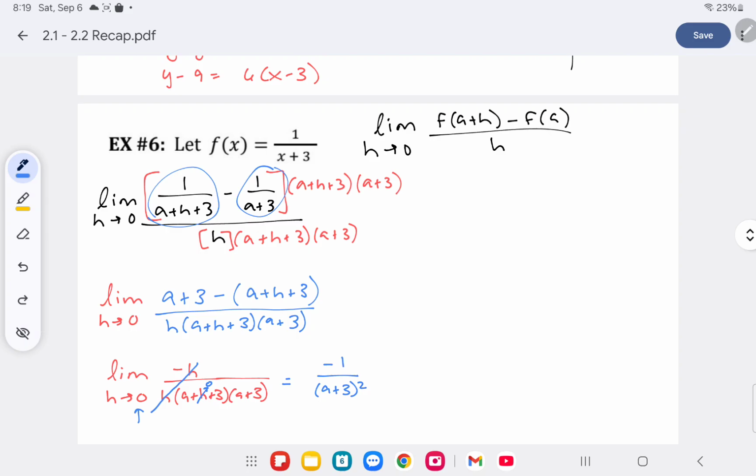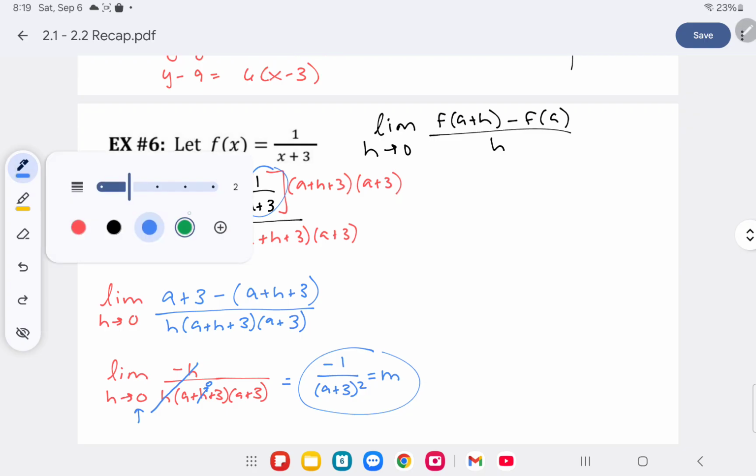I feel like there was a follow-up question in the notes on this. Yes, so then the follow-up question. So this is our general slope formula. That's to find the slope at any point on that graph of f. And then the follow-up question says, find the slope of the curve at x equals negative 1. Let me use a different color.